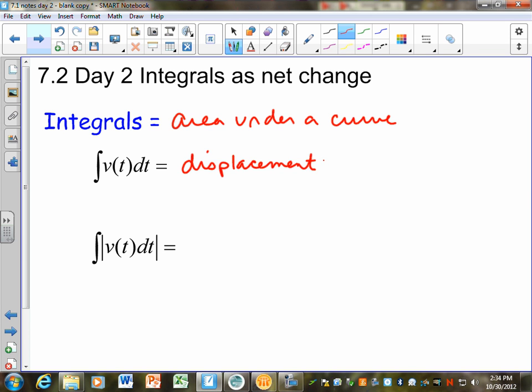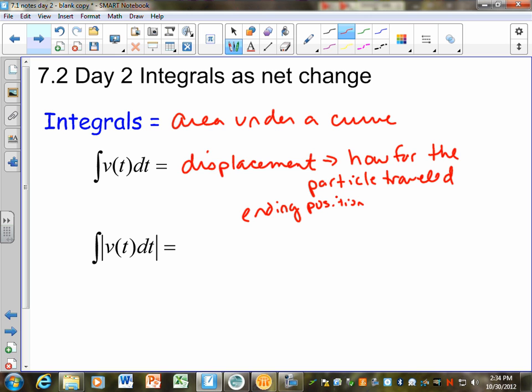And I know some of us struggle with what displacement actually means, but displacement is just how far the particle traveled. You can also use the integral of velocity to find the ending position, or the new position, because you have to factor in the initial position.